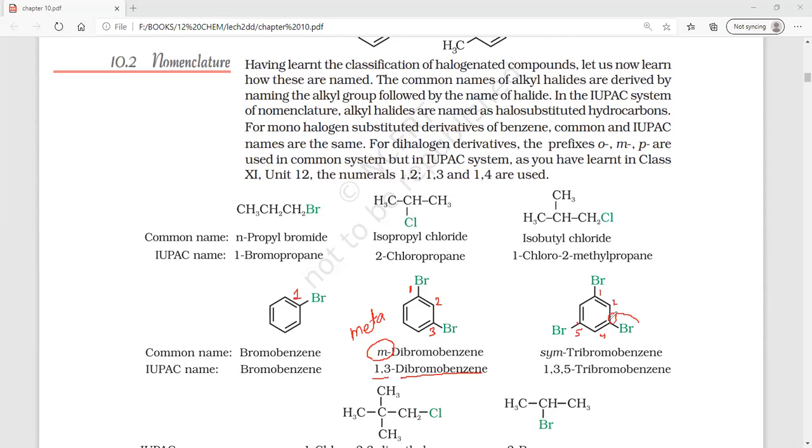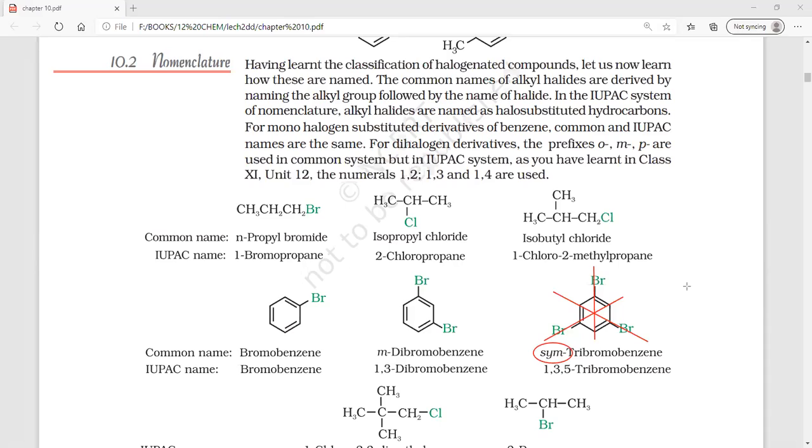So 1,3,5-tribromobenzene, and since this molecule is symmetrical from all sides, if you see it this way also it is symmetrical, if you see this way also it is symmetrical, so in all ways it is symmetrical. This way also it is symmetrical. That is why it is called symmetrical tribromobenzene.